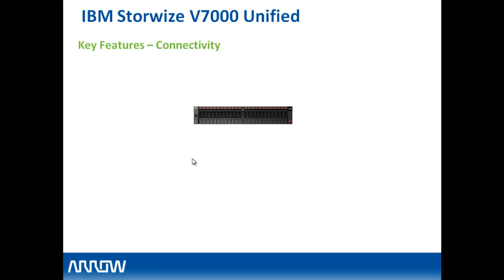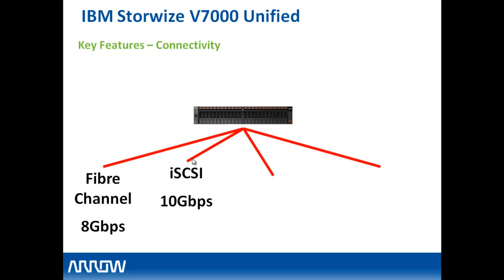Connectivity is critical for any storage subsystem. With the V7000 it's no different. The V7000 has four primary storage connectivity protocols. Two, which are Fibre Channel and iSCSI at 8 gigs and 1 gig by standard, but upgradable to 10 gigs, are found by default on the base V7000, with CIFS and NFS being included in the Unified.